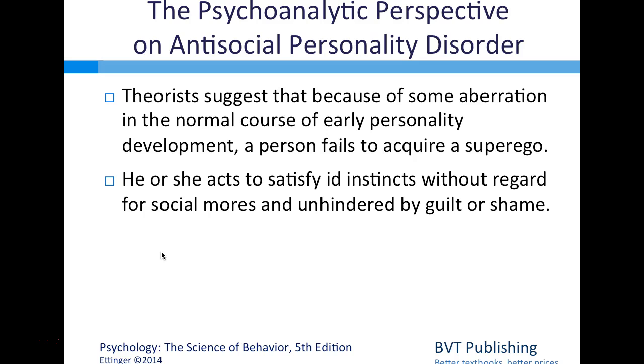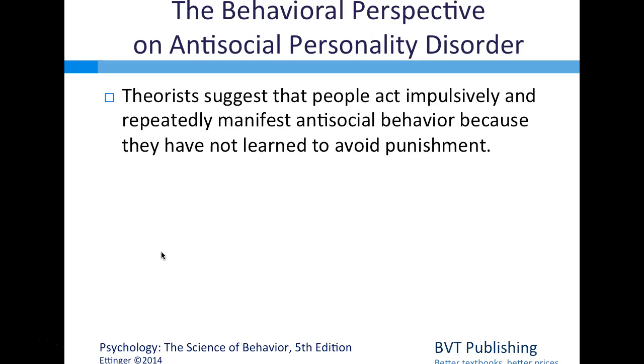So this is saying that for some reason these people are failing to acquire that part of them that's able to say, no, you shouldn't do that because it's immoral. He or she acts to satisfy id instincts without regard for social mores and unhindered by guilt or shame. And the behavioral perspective suggests that people act impulsively and repeatedly manifest antisocial behavior because they have not learned to avoid punishment.